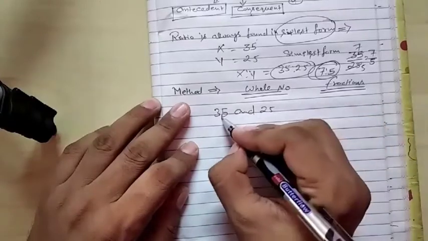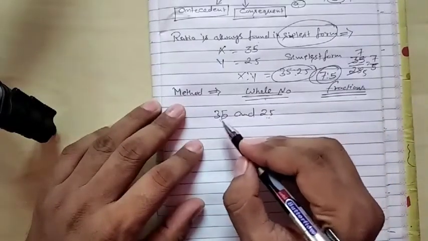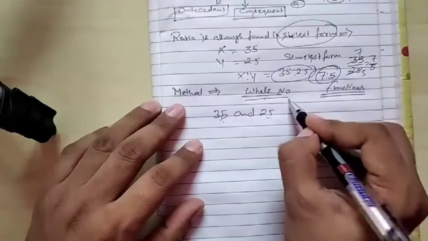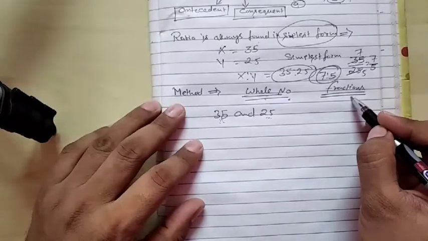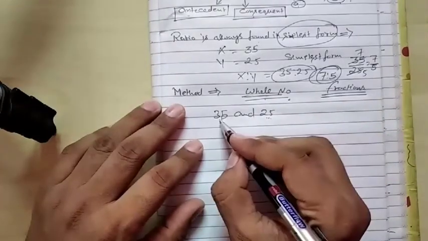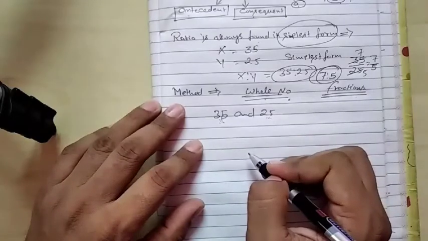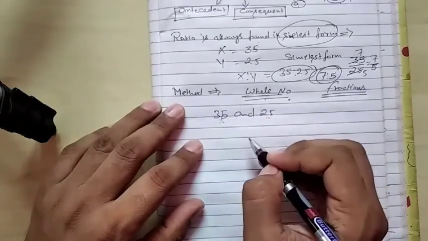Okay, this is a whole number, this is also a whole number. First of all, I am telling how to find the ratio of whole numbers. Okay, then I will tell you how to find the ratio of fractions. Got it? So 35 and 25, how to find the ratio between them?